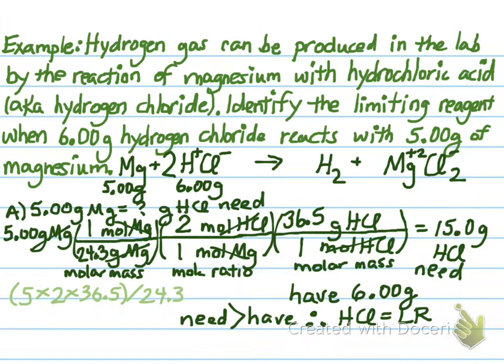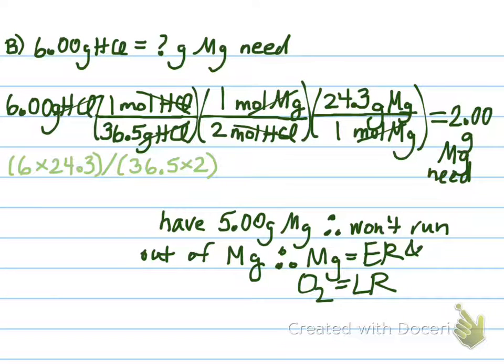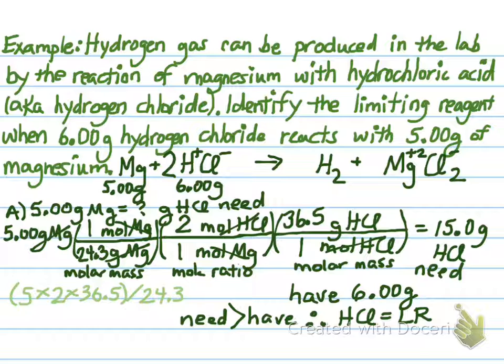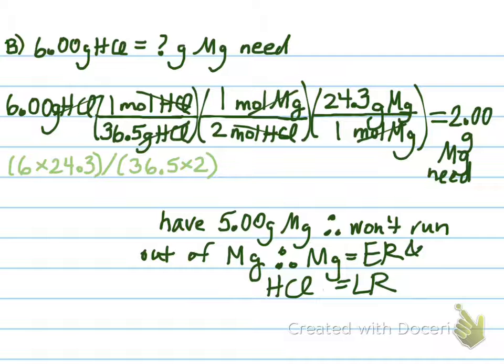So again, it doesn't matter which way we do this. Either way, we get the same, okay? Sorry, I said oxygen, but it's not oxygen, it's hydrogen chloride. But either way, hydrogen chloride is our limiting reagent, magnesium is our excess.